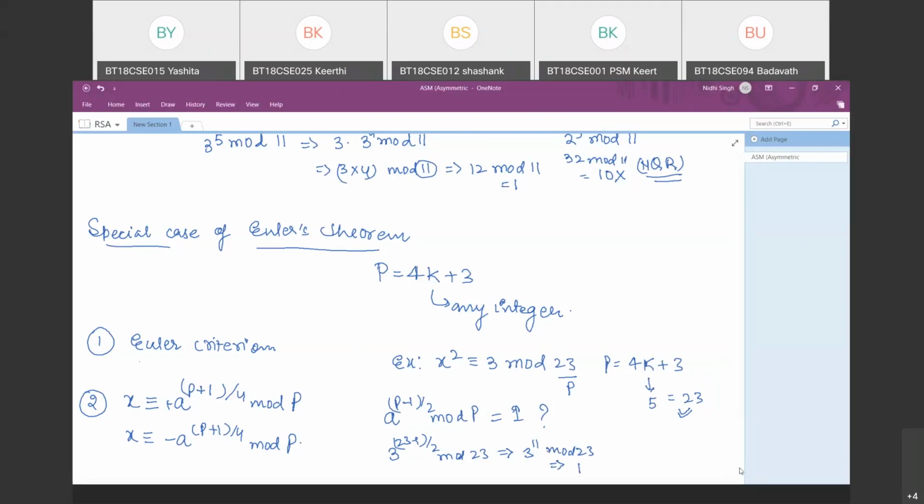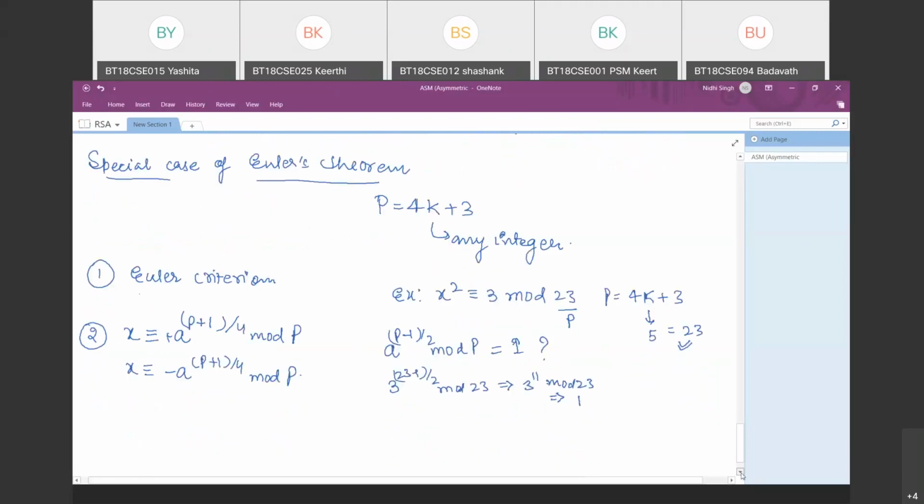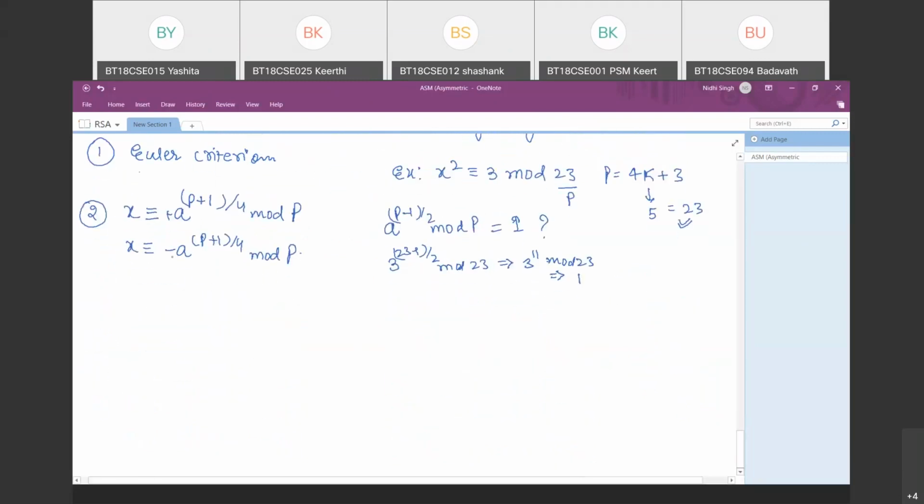Now if it is the case, then you have to find out the solution. So what is my solution? The solution is this one and this one. So the first solution is plus a to the power (p plus 1) divided by 4, that is 3 to the power (23 plus 1) divided by 4 mod 23.